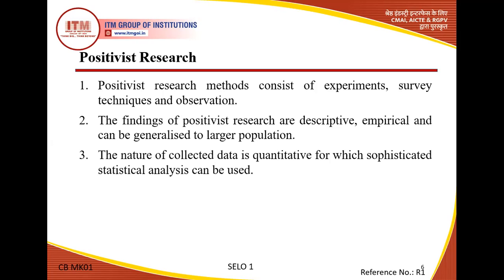It is quite similar to quantitative research. So in this, we do experiments, surveys, and observation. It is descriptive and empirical in nature, and it could be implemented on a larger population.